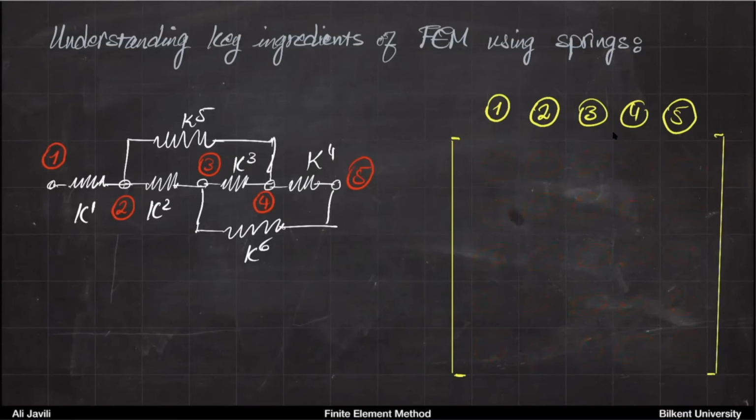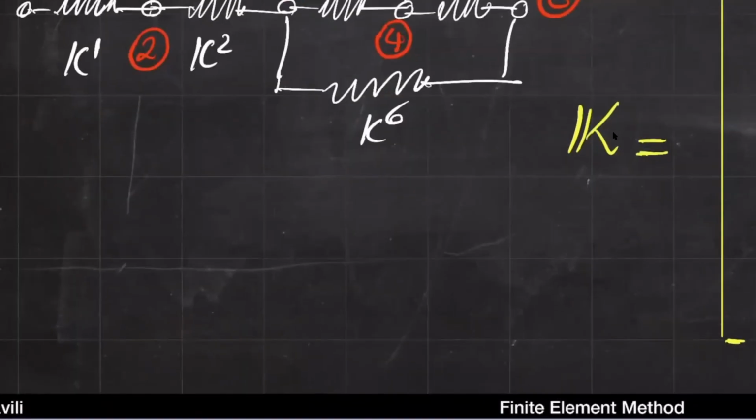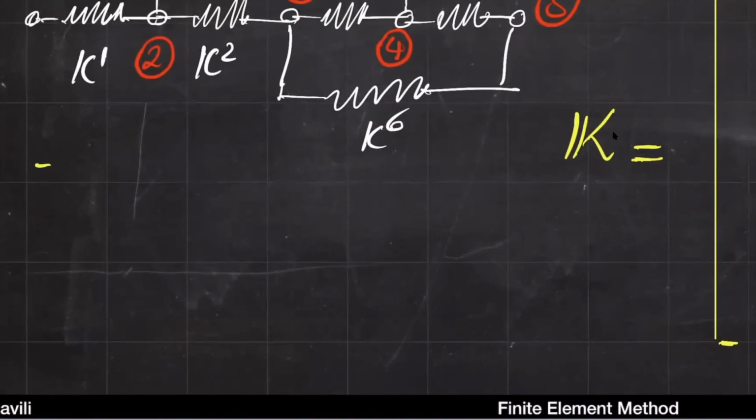Okay, this is going to be our stiffness matrix. So this is a system that is of the size 5 by 5. And this is going to be our, let's say, global stiffness, which, by the way, let me just write a simple version of it. So if you think of it, it's like this.